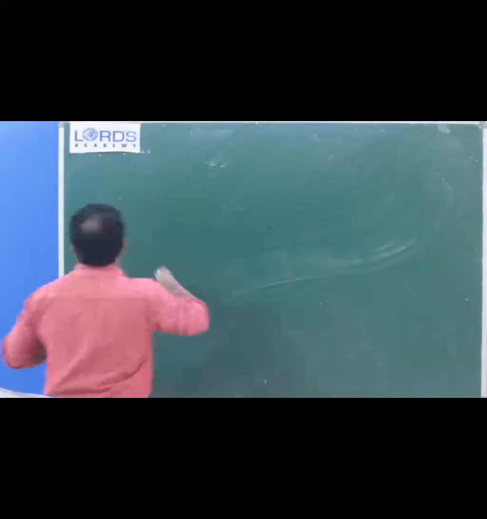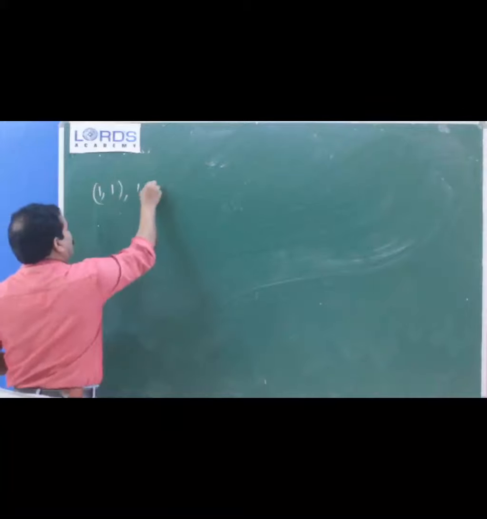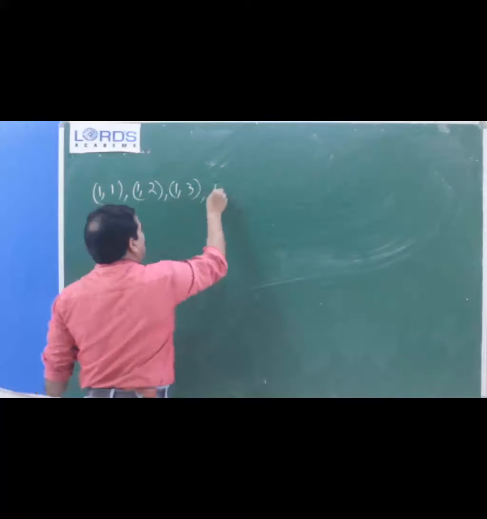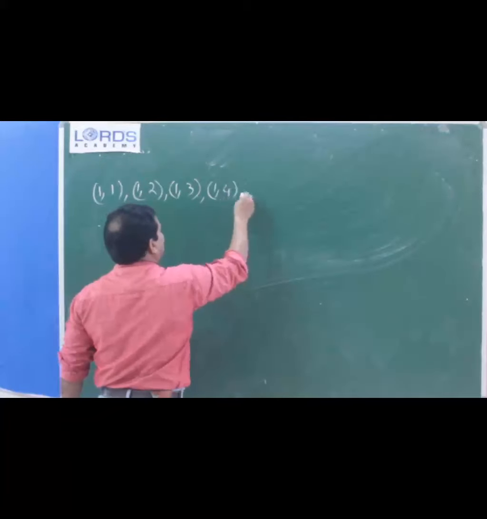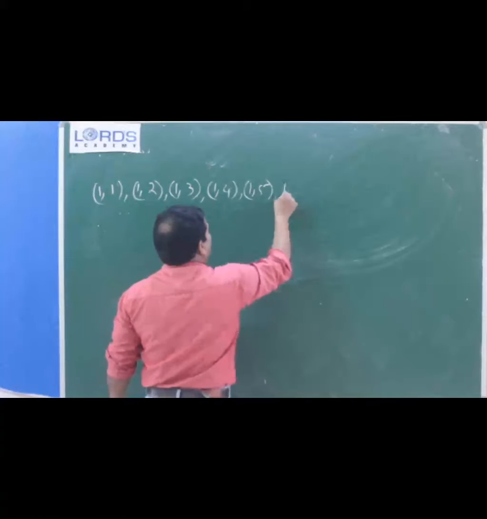Okay, I will write here 1 1, 1 2, 1 3, 1 4, 1 5, 1 6.